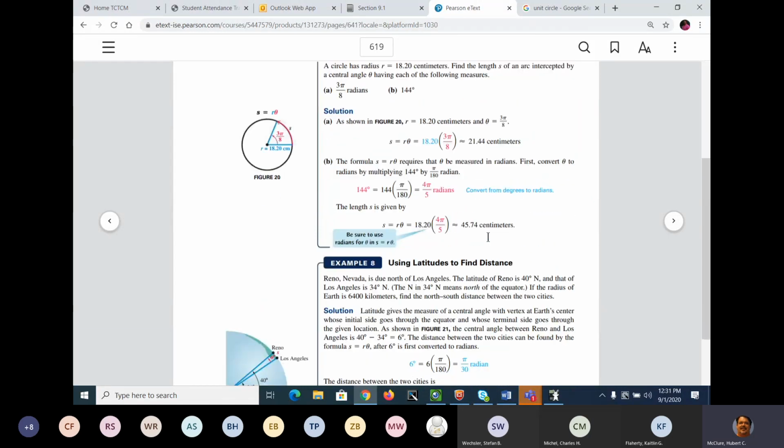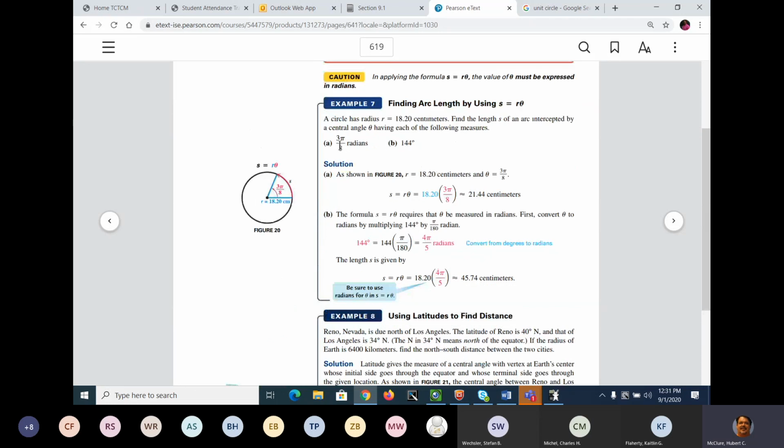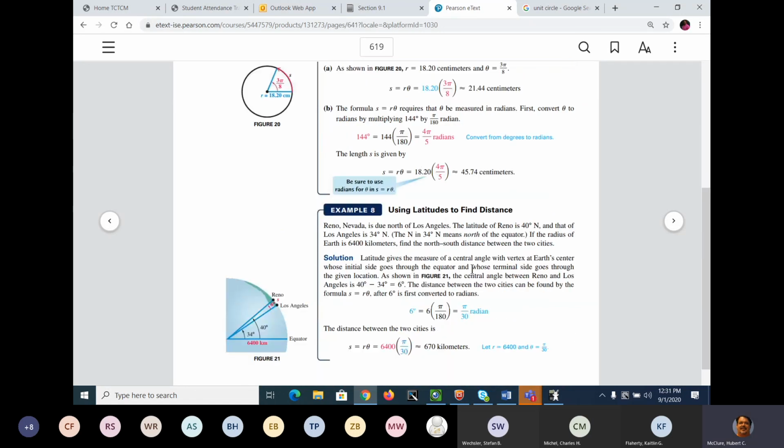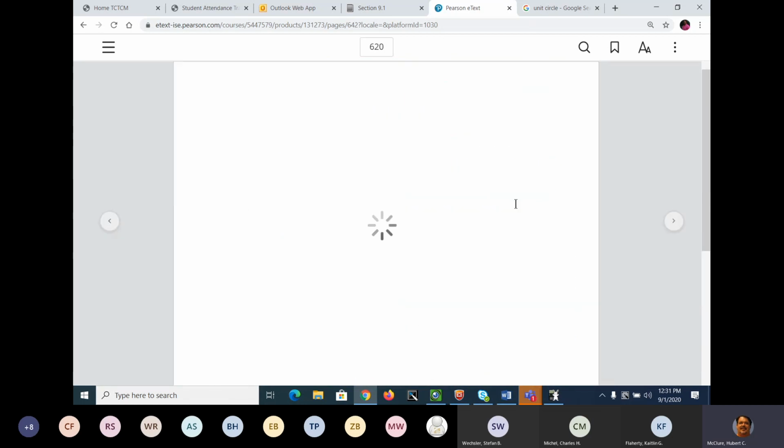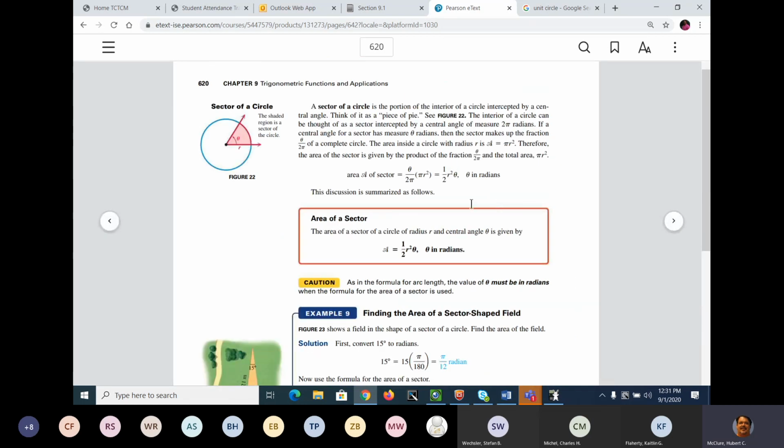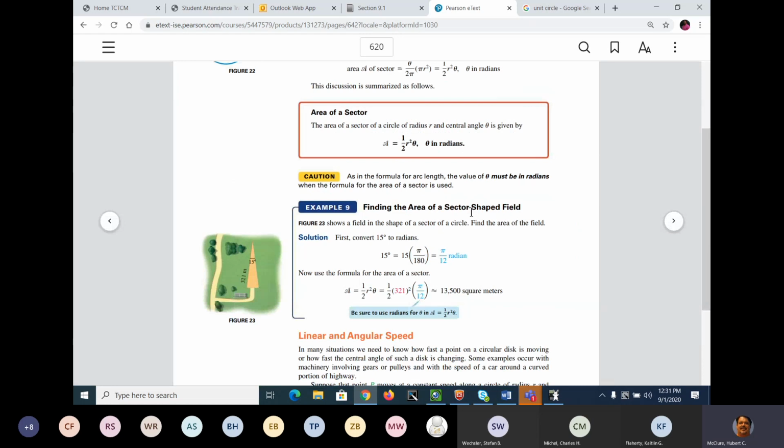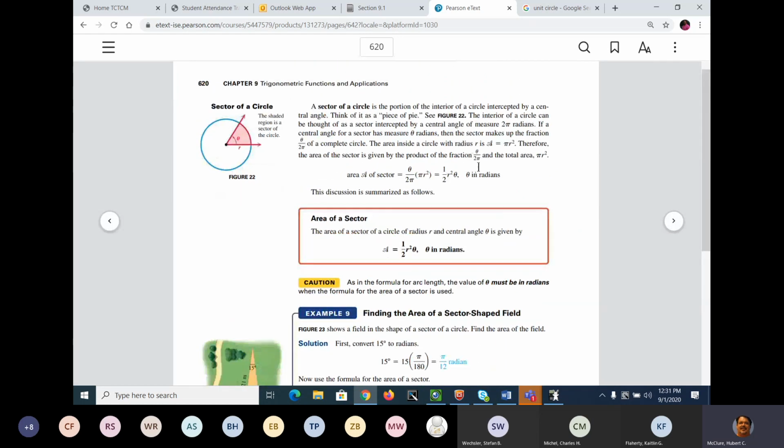You can look at the example there. They do one with radians and one with degrees. So that's it. After that, we'll cover area of a sector. I thought we'd be finished. They make 9.1 so long. There really should be 2 sections, but that's just my opinion.